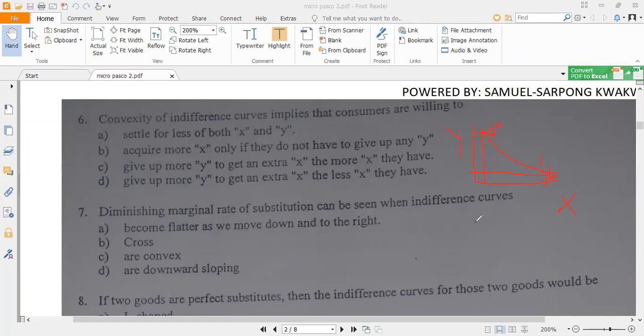But if you have an indifference curve like this, for perfect substitutes, something like maybe Coke and Pepsi, the marginal rate of substitution is always -1. You sacrifice 1 Pepsi for 1 Coke, just like that.